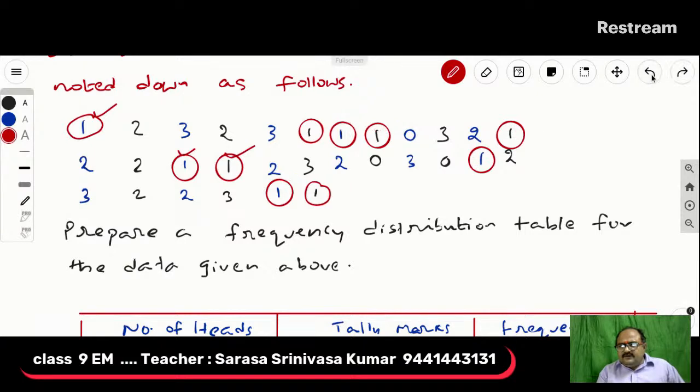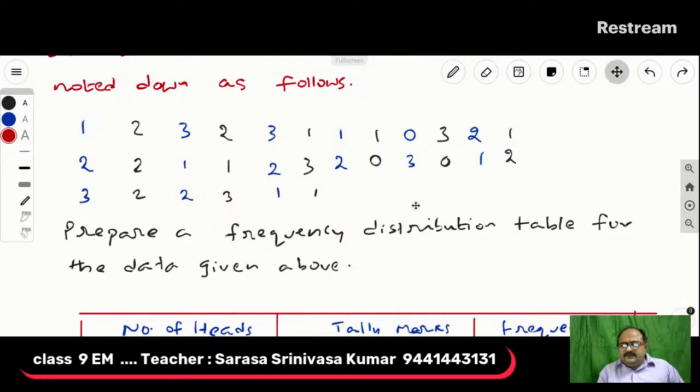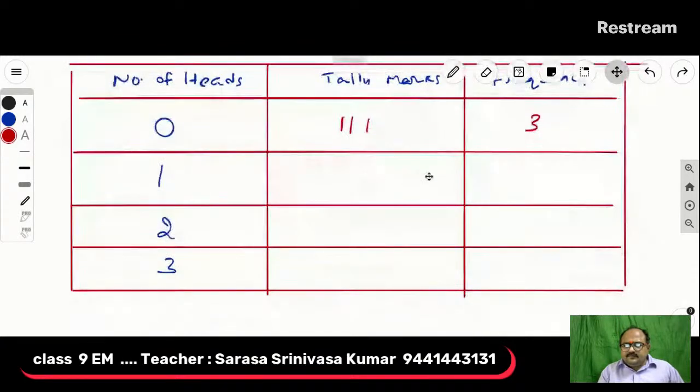So the frequency of one head is 10. How to write 10 in tally marks? 5 plus 5. So 1, 2, 3, 4, 5, and 1, 2, 3, 4, 5. This is how we write the tally marks.